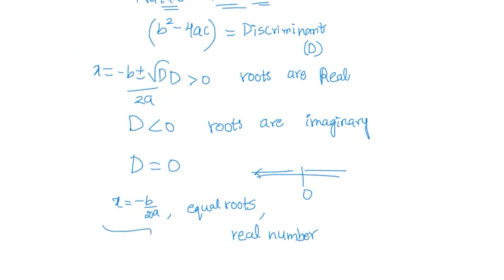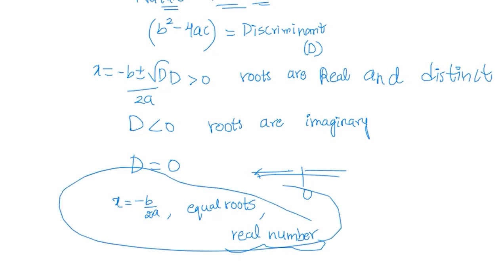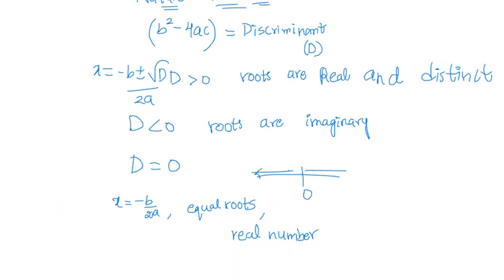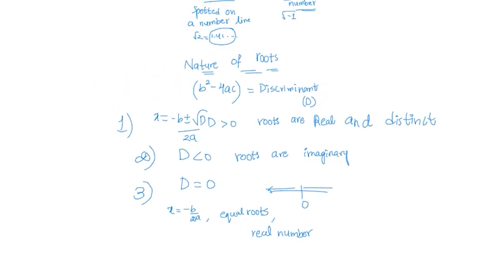When positive, roots are real and, to put it simply, distinct, not the same. When zero, roots are real and equal. And D less than 0 means imaginary. So these three cases are important.